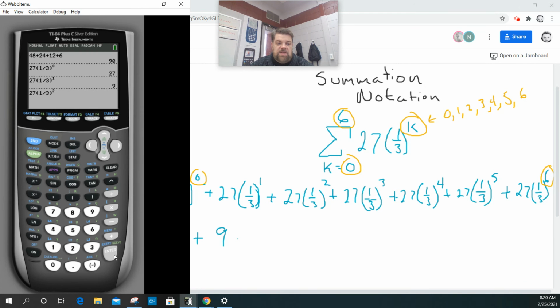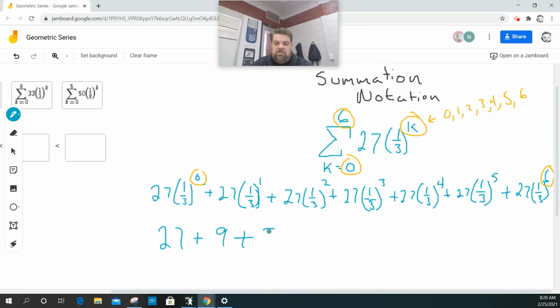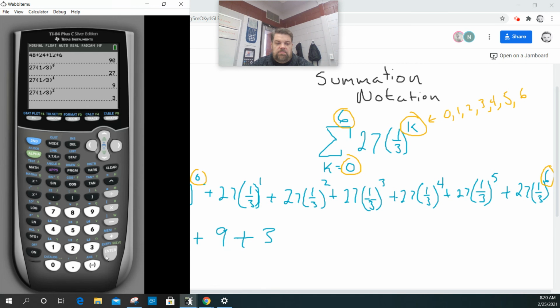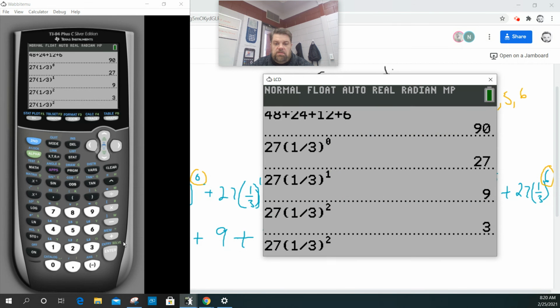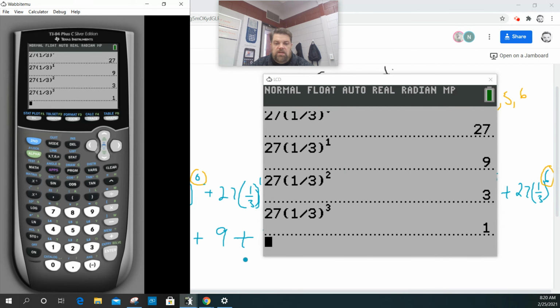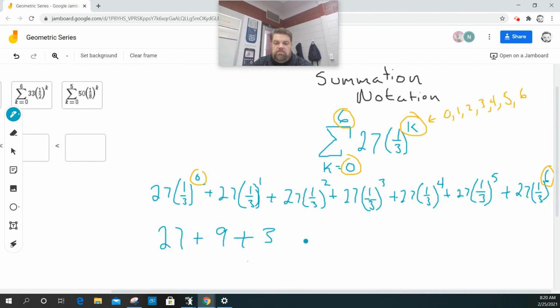When I put that in, that gives me 3, because you're really dividing 27 by 9. Then we do this again, second entry, and I adjust that to 3. That's going to give me 1.